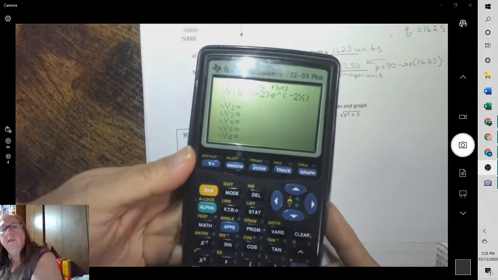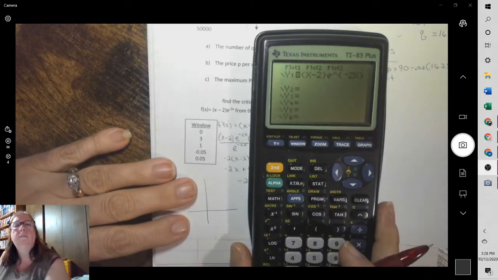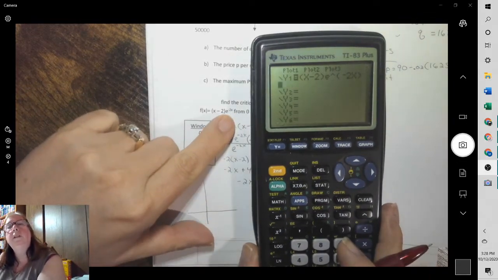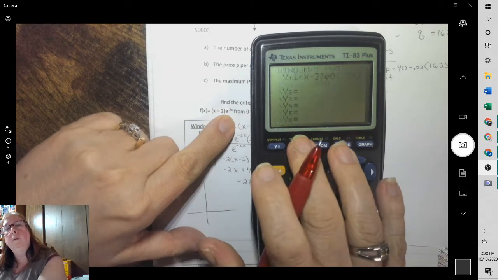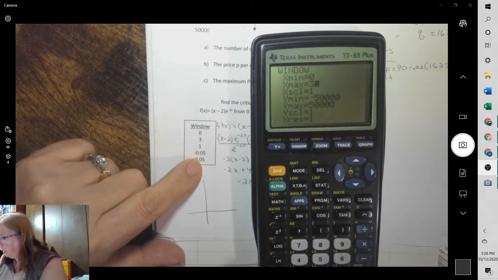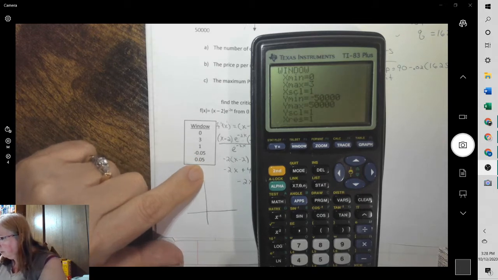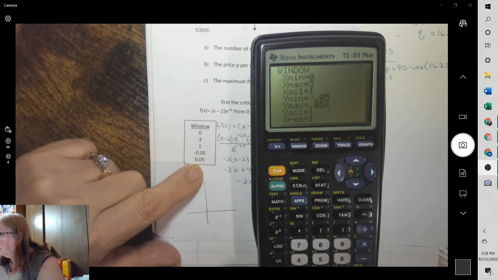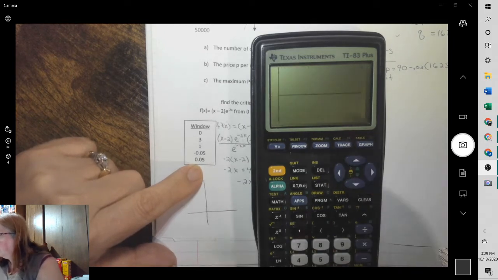So it looks like this. Plugged in the original. And then I'm going to go to the window and type in 0, 3, 1, -0.05, and 0.05. Then graph.